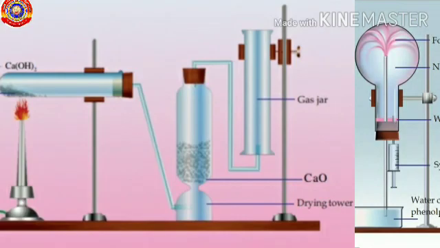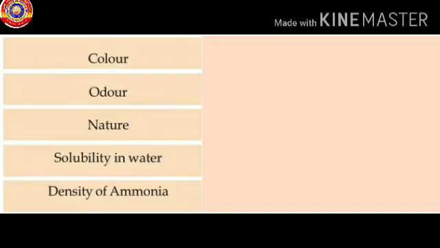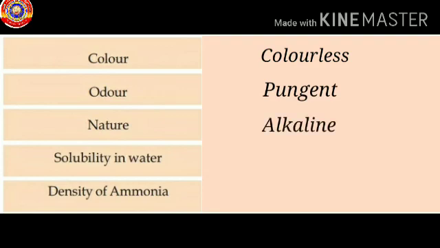On the basis of the following experiments and inferences, let's complete a worksheet based on ammonia. Ammonia is colorless in nature. It is pungent in odor. From the color change in the fountain experiment of ammonia, you may have got an idea about its nature. Yes, it is an alkali.